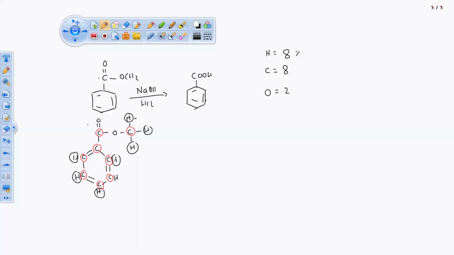Now molecular weight of hydrogen is 1, 8 into 1. Carbon is 12. Oxygen is 16. I'll write the molecular formula: C8H8O2. This is the molecular formula.